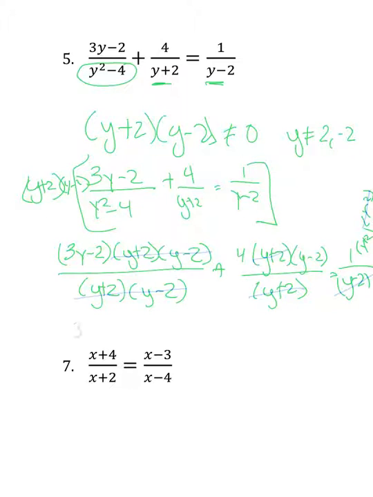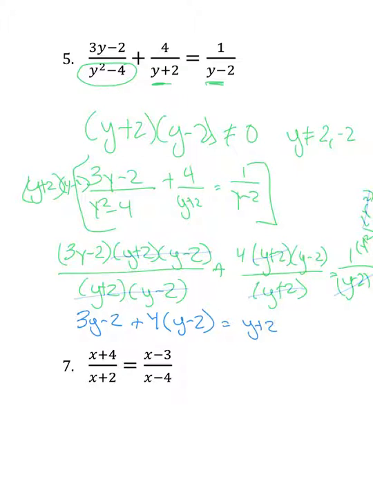Well, I've got 3y minus 2, plus, oops, this is not an equal, this is a plus in between here, 4 times y minus 2, and then that's going to equal y plus 2.